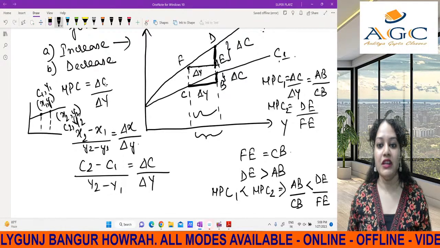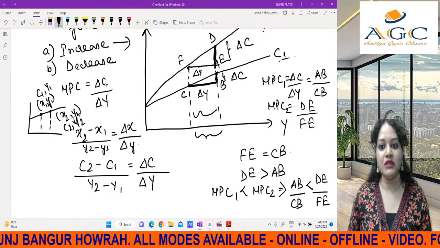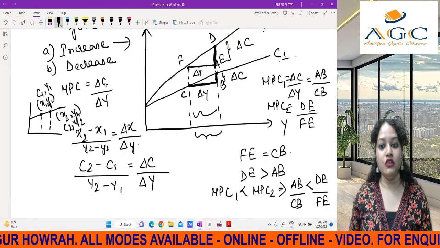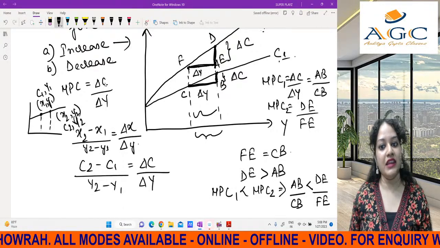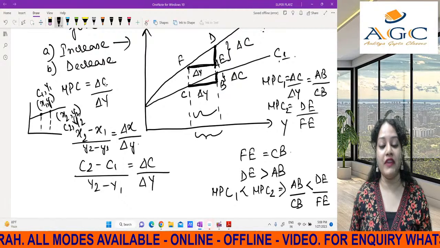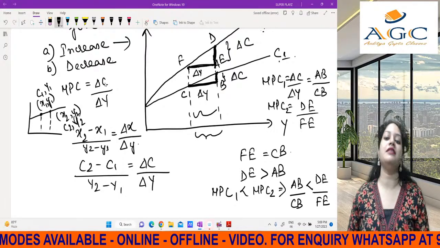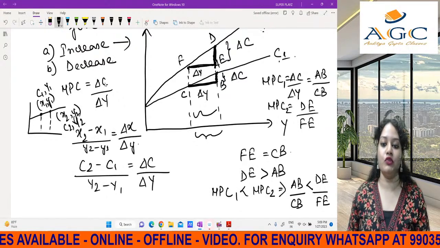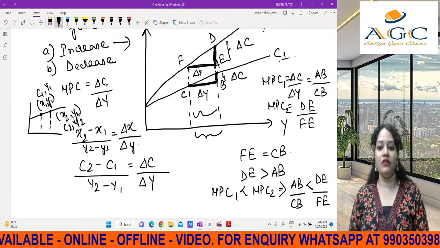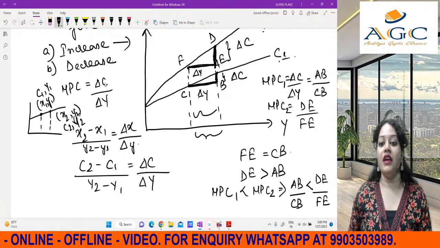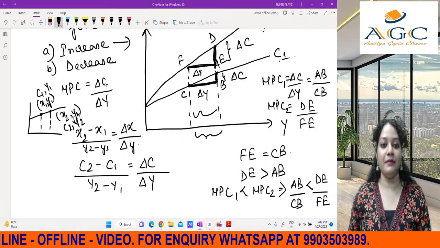This portion changes the whole game. These two portions of delta Y are the same, so they are not affecting the diagram. The main thing that is affecting the diagram is your delta C portions. Am I clear to everyone? Okay. This was your increase in MPC.